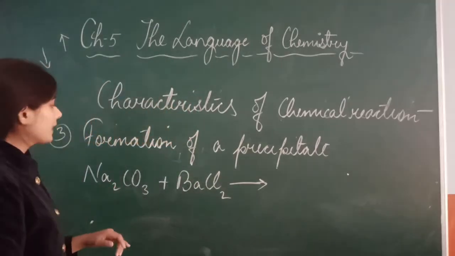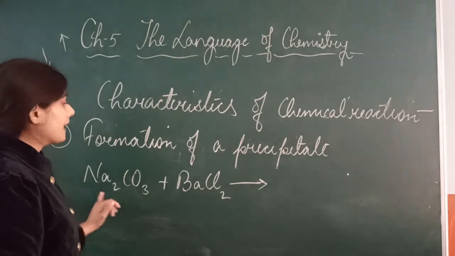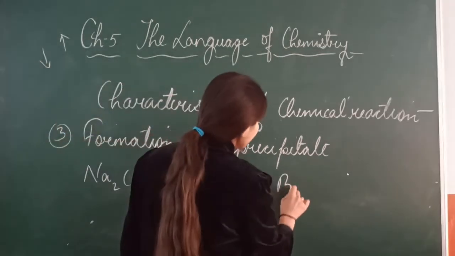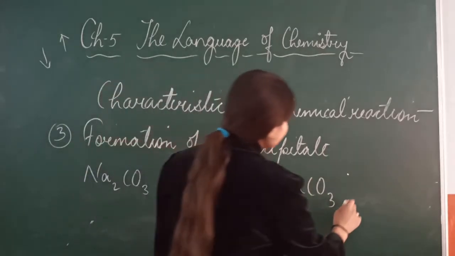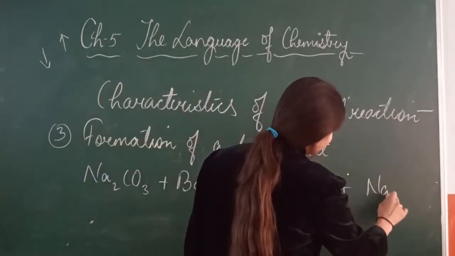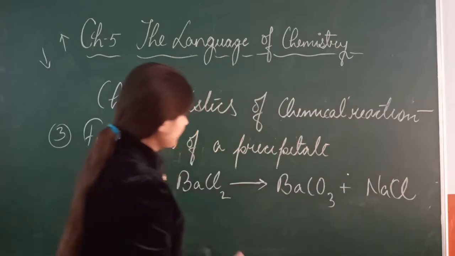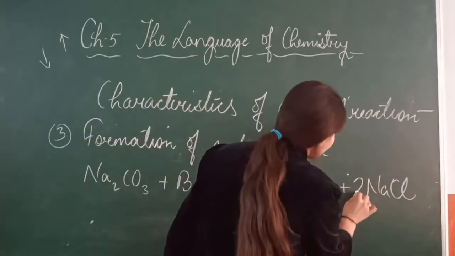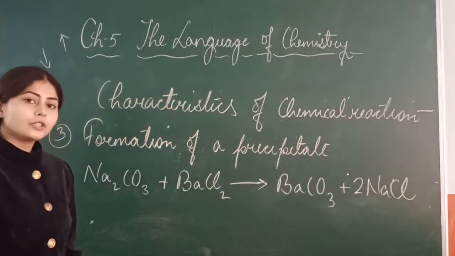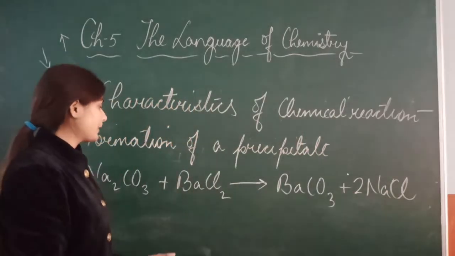So what will you get? You will get barium carbonate and NaCl. This is not a balanced reaction, so I will add a 2 here. Balancing you will learn in class 8.